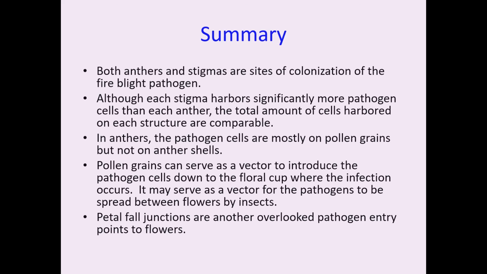We also saw that the pollen grains can serve as a vector to introduce the pathogen cells from the original site of infection, the anther, down to the floral cup, where the infection occurs. It may also serve as a vector for the pathogens to be spread between flowers by pollinating insects. And finally, the petal fall junction is also an important pathogen entry point to blossom blight that was overlooked previously.